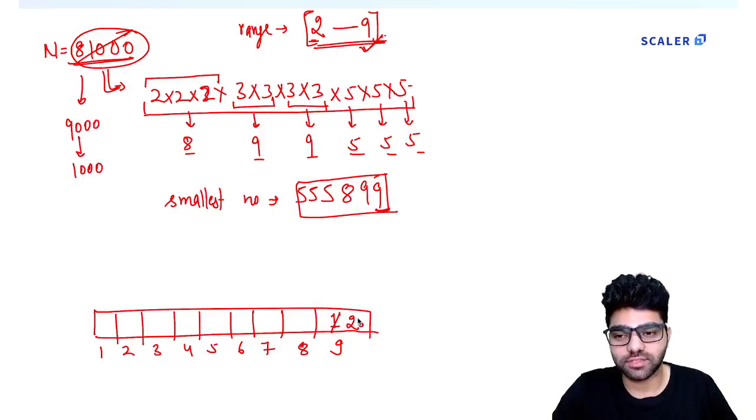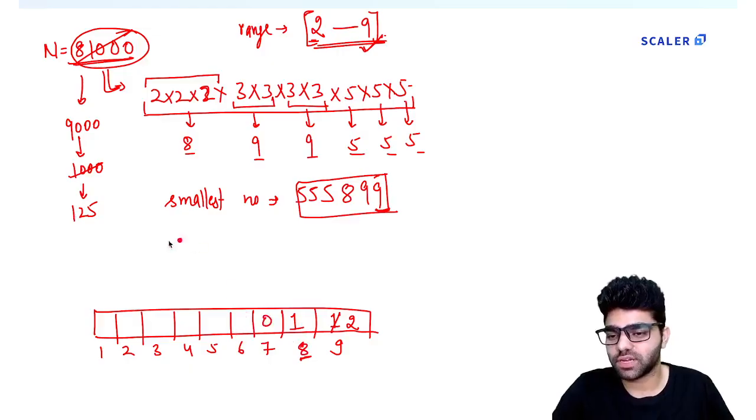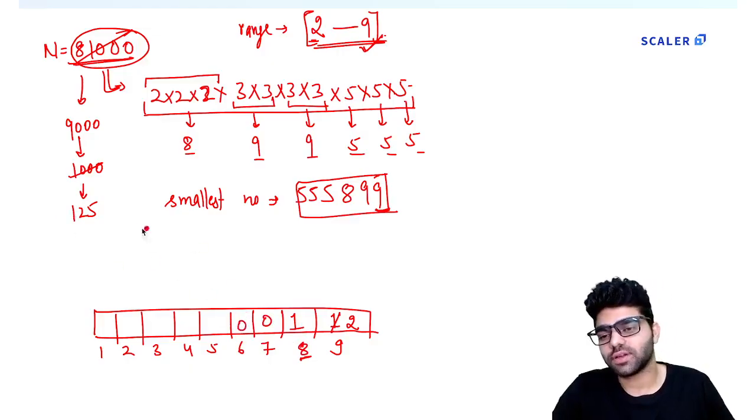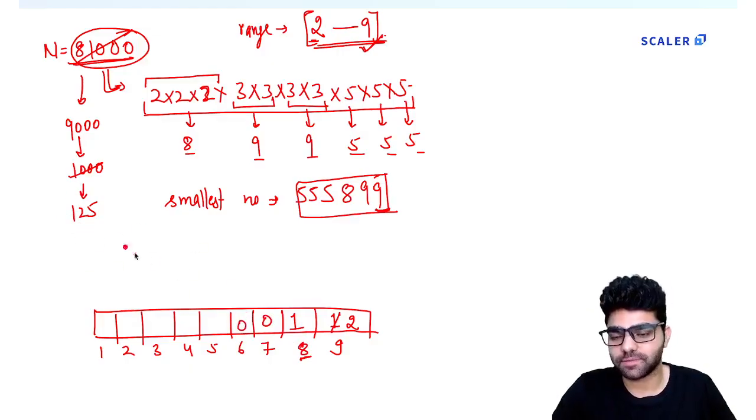Now again, is the number divisible by 9? No. So now I will check it with 8. If it is divisible by 8, yes, so divide it by 8. Now is it divisible by 8? No. Divisible by 7? No. Divisible by 6? No. Divisible by 5? Yes. So divide it. It gets reduced to 25.